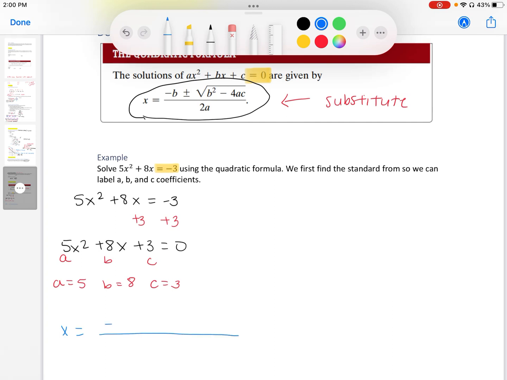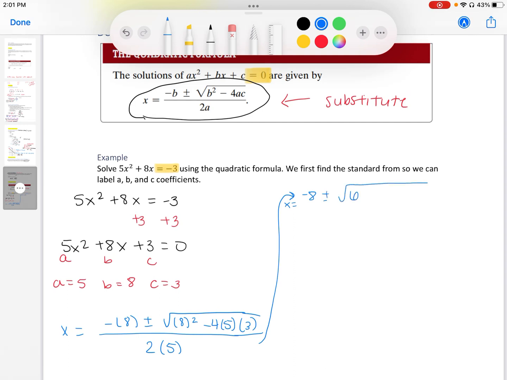we have negative, our b is 8, plus or minus the square root of b squared, my b is 8 squared, minus 4 times a and c, divided by 2 times a, which is 5. So we have negative times b is negative 8, plus or minus 8 squared is 64.